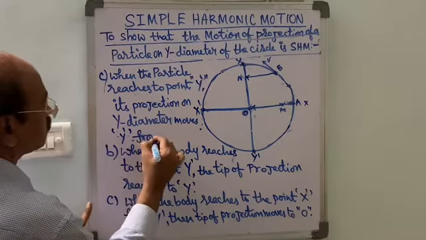So when the body moves from X dash to Y dash, then the tip of the projection moves from O to Y dash.